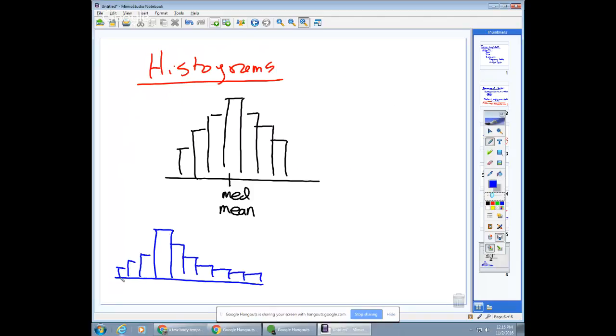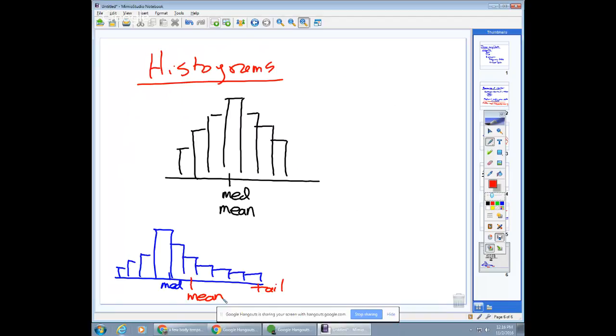And so here, the median might fall about right here, but this tail out this way would drag the mean toward it. Okay? The tail stuff will pull away.